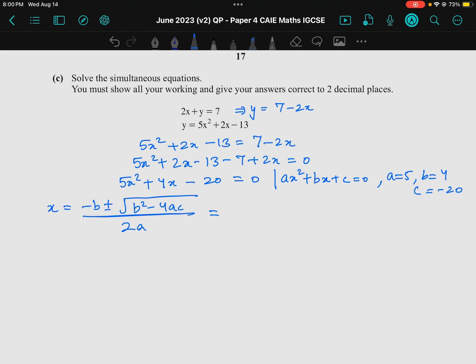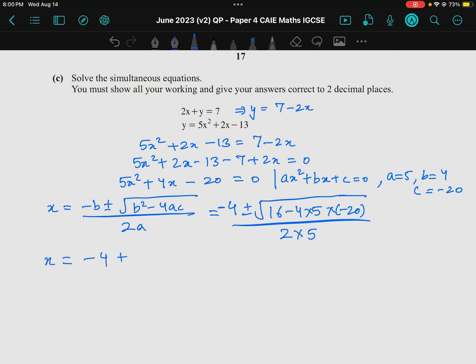So in place of b it is 4: minus 4 plus minus under root 4 square means 16 minus 4 into a is 5 and c is minus 20, upon 2 into a is 5. So it is minus 4 plus minus under root of, when you solve this, 16 plus 400, whole upon 10.